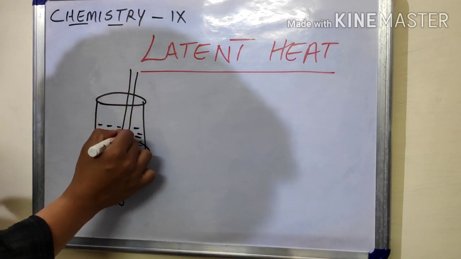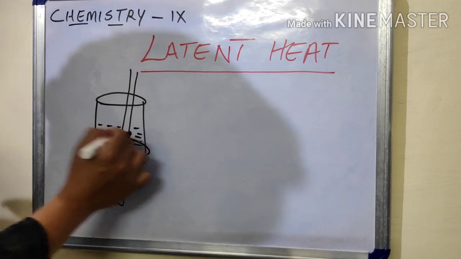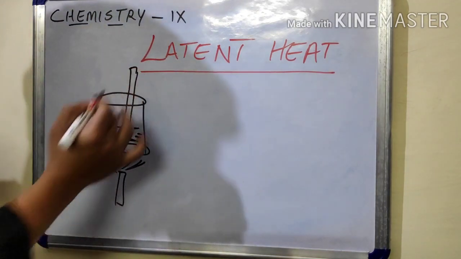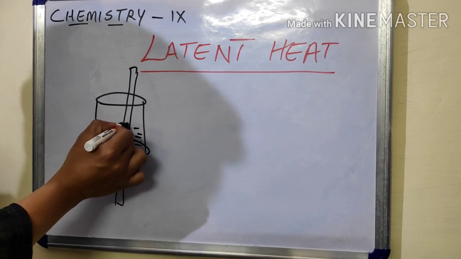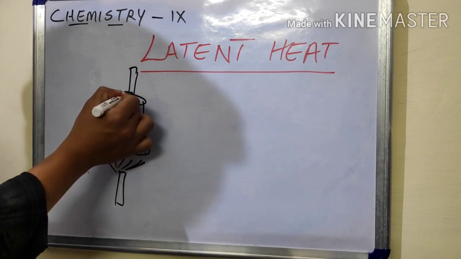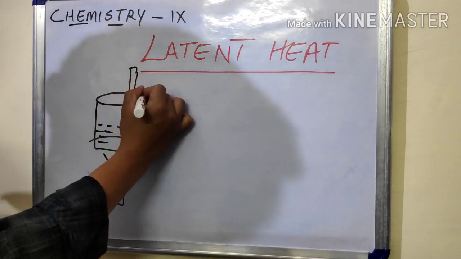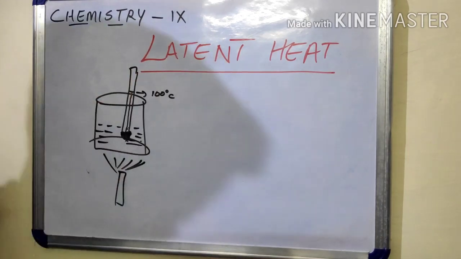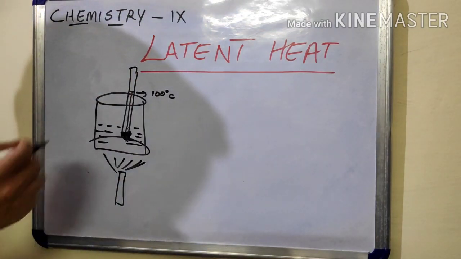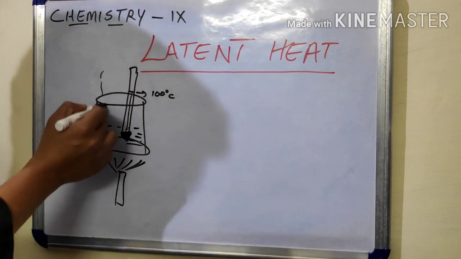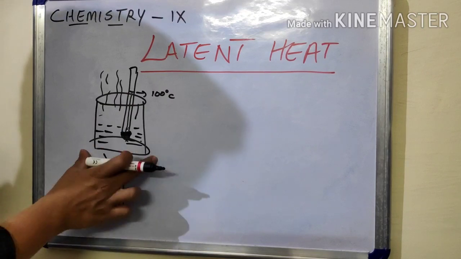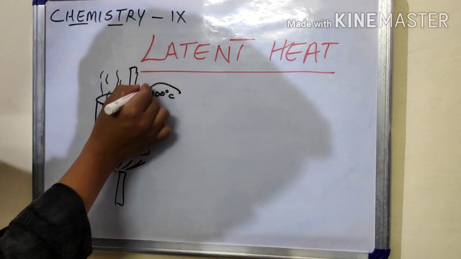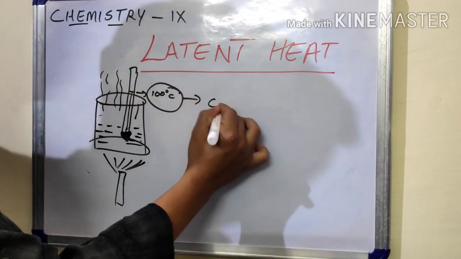Now listen to this part very carefully. Initially you will see the temperature rising, and at one point it will reach 100 degrees Celsius. Then you will see that steam is starting to come out, and no matter how much more heat you provide, this 100 degrees Celsius will remain constant.